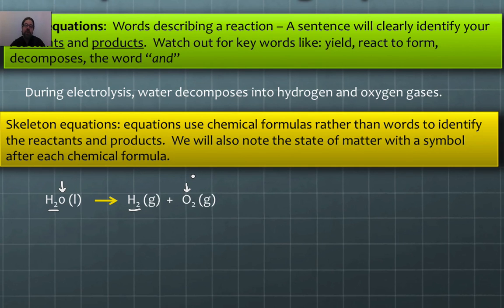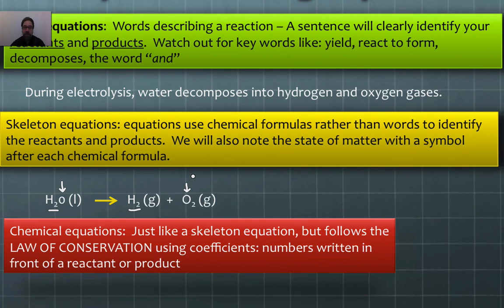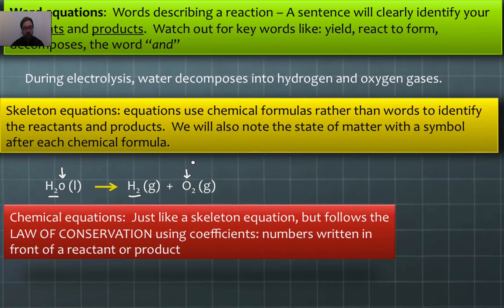And what we're going to do with a balanced chemical equation, which is coming next, is factor in that the left side of the equation, on the left of the arrow, must equal what's on the right of the arrow. And we do that by changing coefficients. You remember from math class, a coefficient sits in front of your variable. Well, in chemistry, we have the same thing going on. Your coefficient is a number that sits in front of the formula.